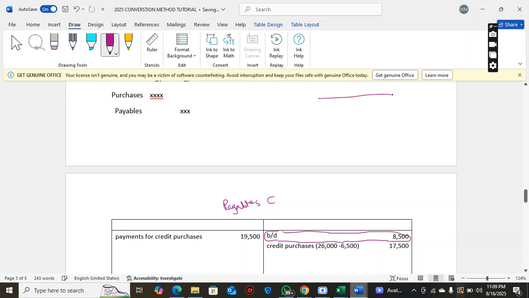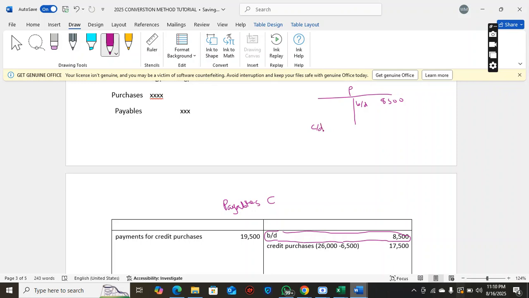You open your payables control account like this. Balance brought down 8,500. You indicate because you need to show this in this type of question. So you put balance brought down here, then balance carried down. Remember, the balance carried down always comes on the lower side.